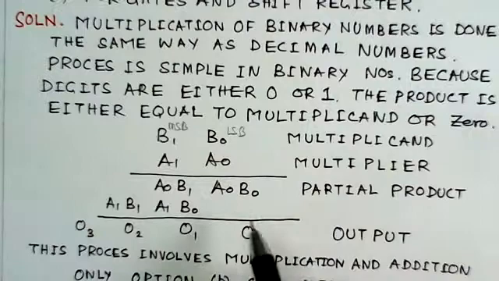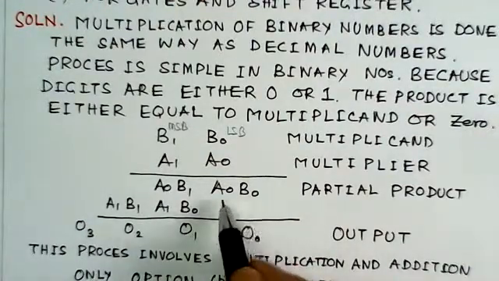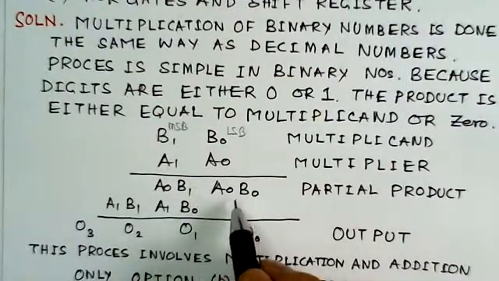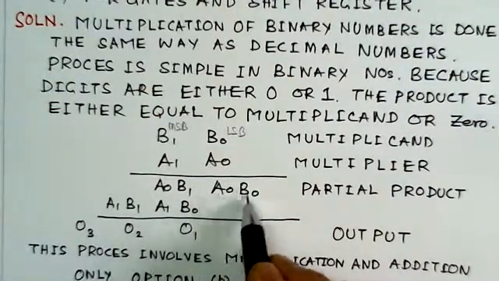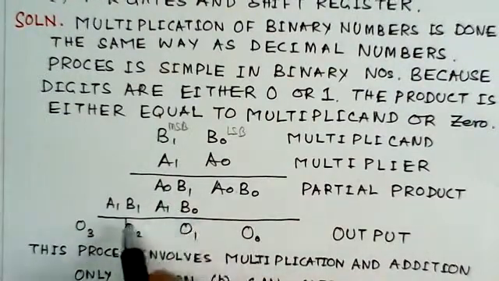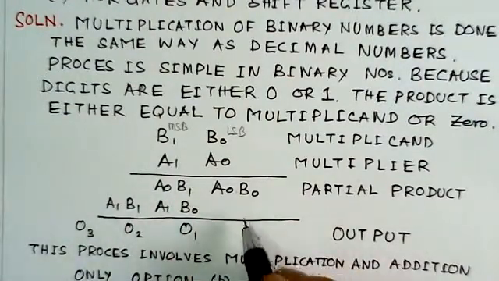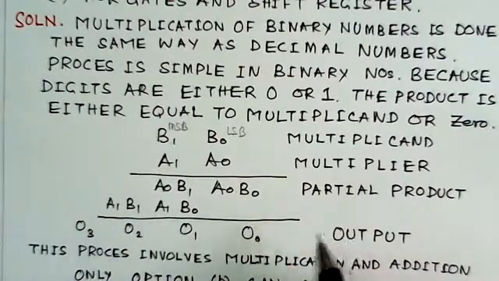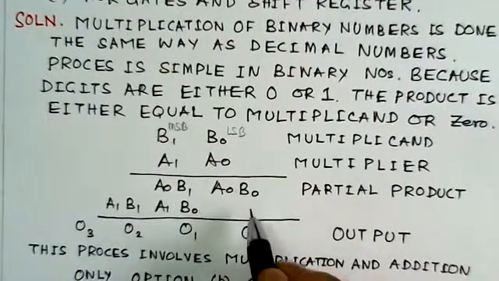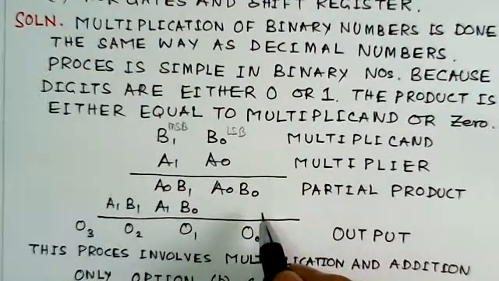what we observe is you need 2 types of circuits. One circuit is for multiplying, that means the product terms like A0 B0, A0 B1, A1 B0, A1 B1. So you need a multiplier, and we know that the truth table for a binary multiplier is equal to the truth table of an AND gate.